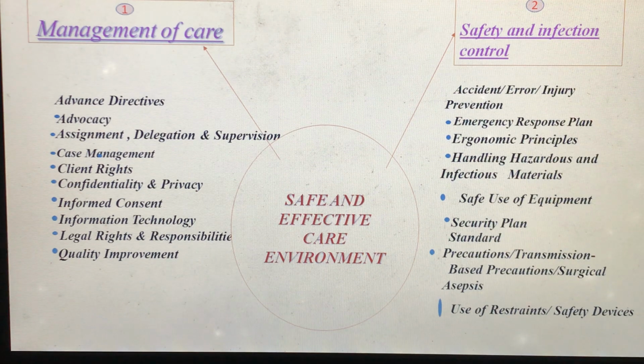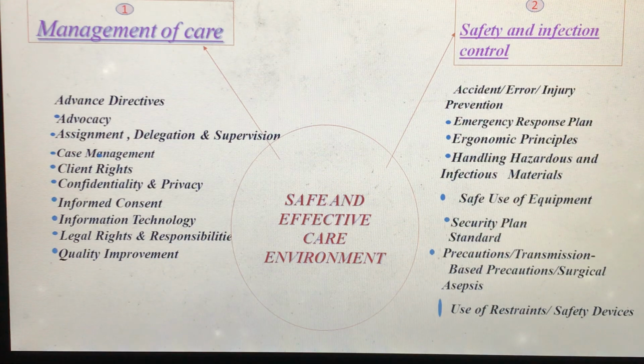So we'll see what topics come under safety and infection control. Hope what I am discussing you are getting. If you feel much difficulty, you can mention it in the comments, so I will try to make it slower, or I will improve myself. The first one is accident, error or injury prevention. Then the second one is emergency response plan.